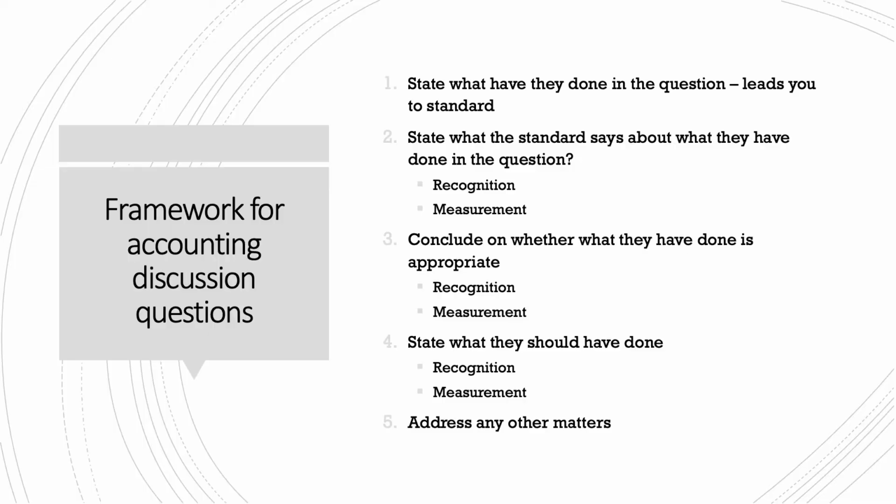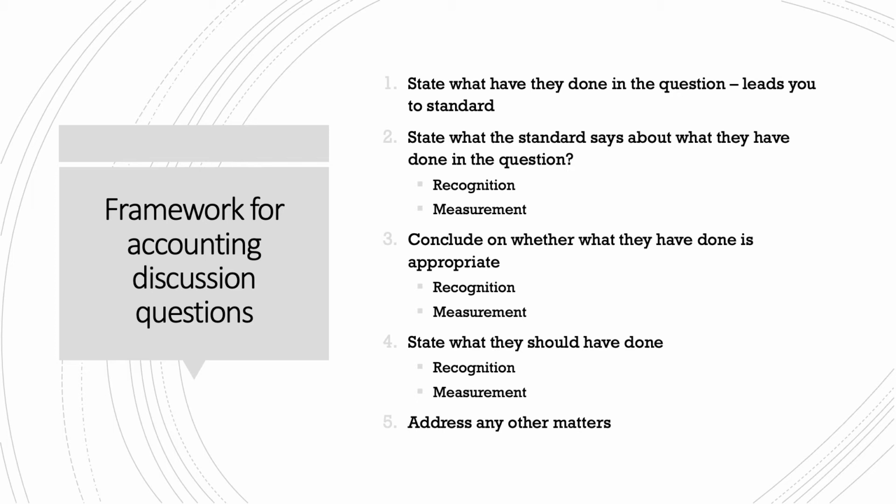So I've given you the 5 steps where you identify the issue and you write it down. Identify what they've done, write it down. You check the standards to see what the standard says. You write the theory down and then you apply it to the scenario. Then you conclude. You state, yes, this is appropriate, or no, it is not. And remember, at every stage, you're dealing with recognition and you're also dealing with measurement unless they have excluded one or the other.